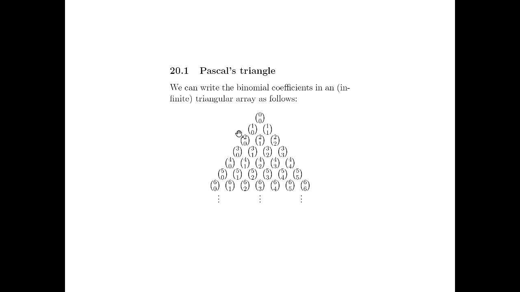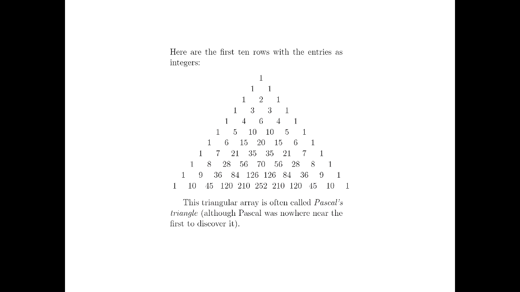On the second row, 2 choose 0, 2 choose 1, 2 choose 2, and so on, right? Here are all the 6 choose somethings along the 6th row, if you like. So you can do this, but I guess the question is, why would you want to? And one reason is it makes a kind of cool-looking pattern. But we're going to see some reasons beyond just this looks cool.